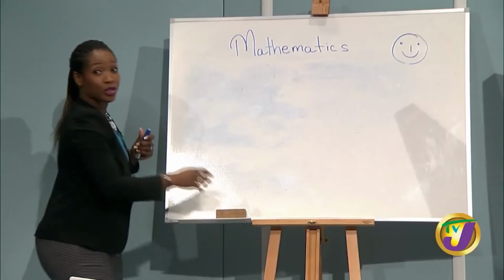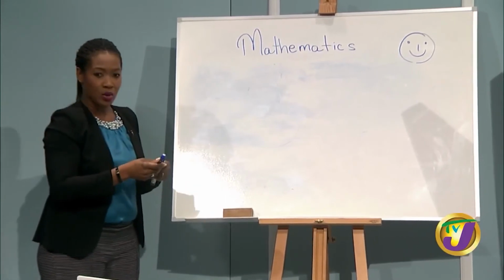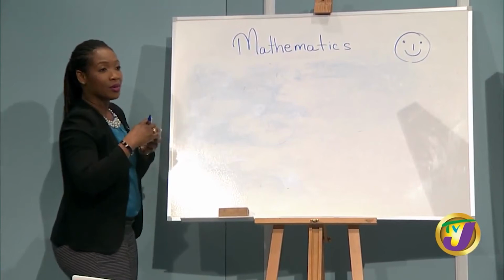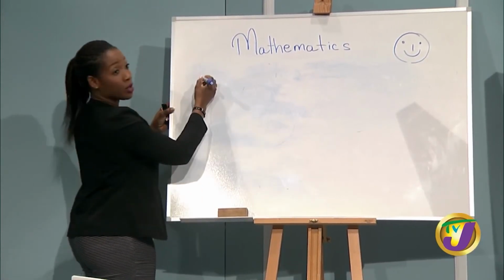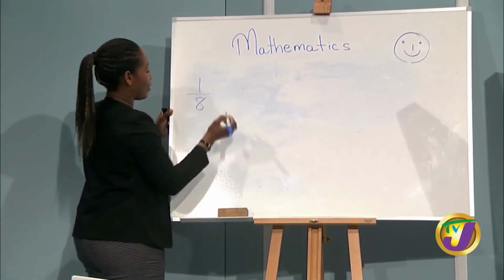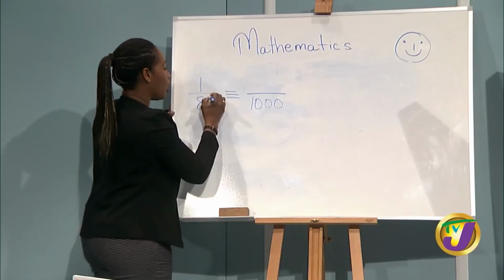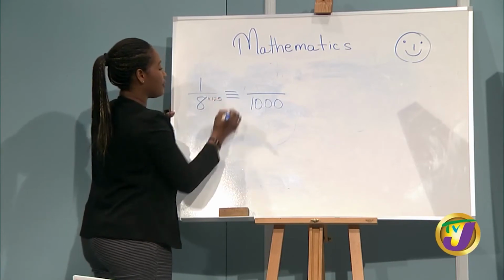So we're going to go straight to 1,000. All right, so let us look at 1,000. So we want 1/8, and we want to find the equivalent fraction for it from the whole 1,000. Now 8 goes into 1,000 125 times.